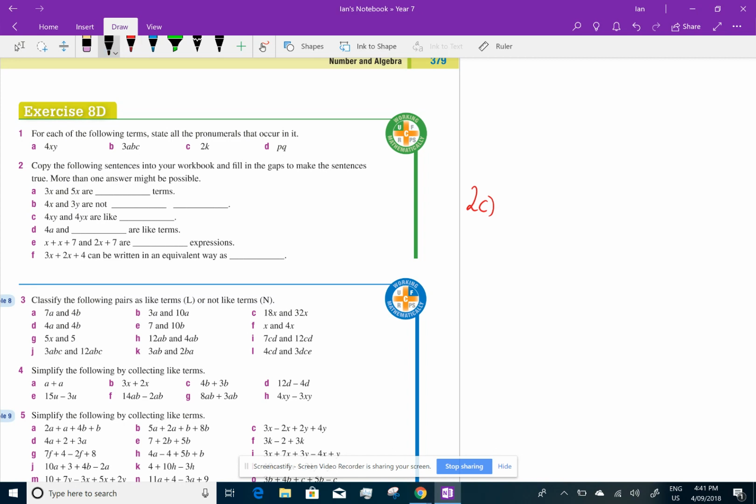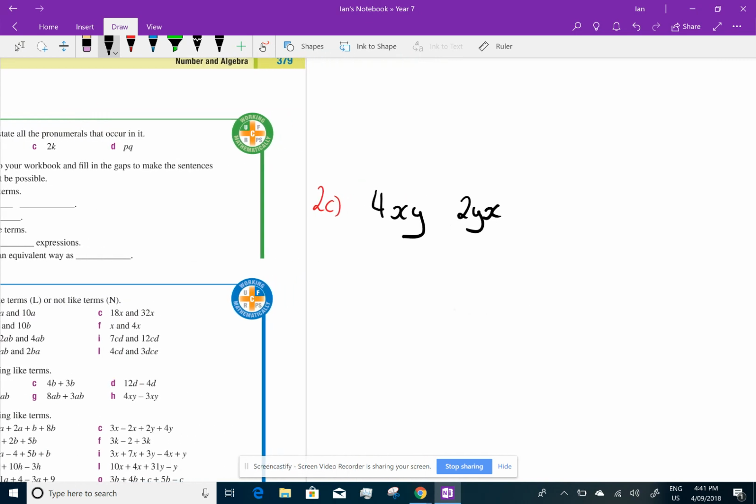Now I'm looking at that and I'm thinking, oh, they're not like. 4xy and 2yx are not like terms. They're not exactly the same. Mr. Tompkins said they had to be exactly the same. Well, in fact, they are the same. We're going to leave the 4 alone, x, y, and our standard way is to write things alphabetically.